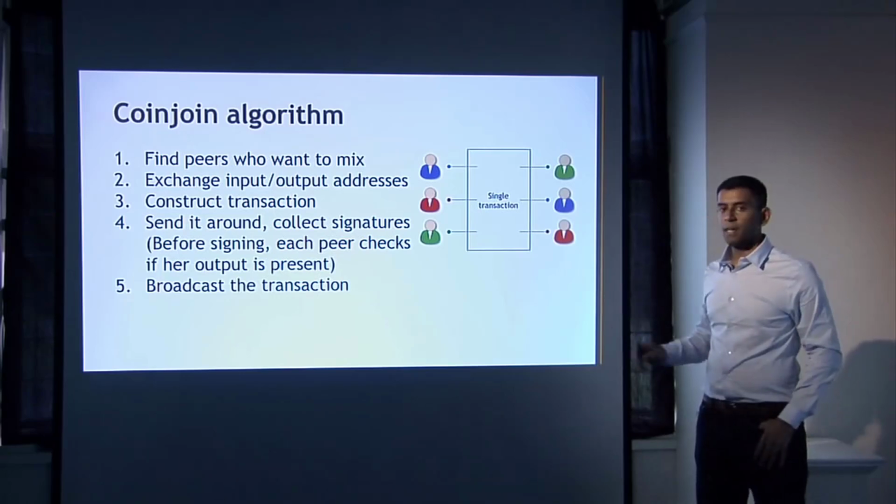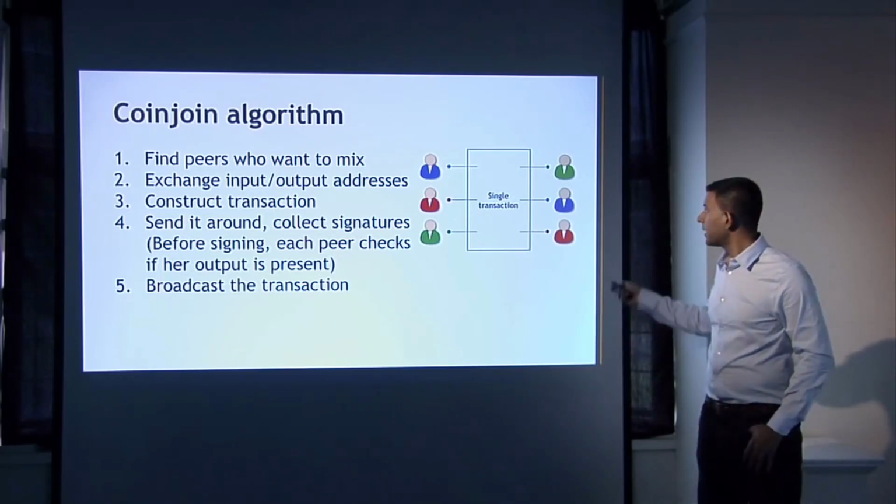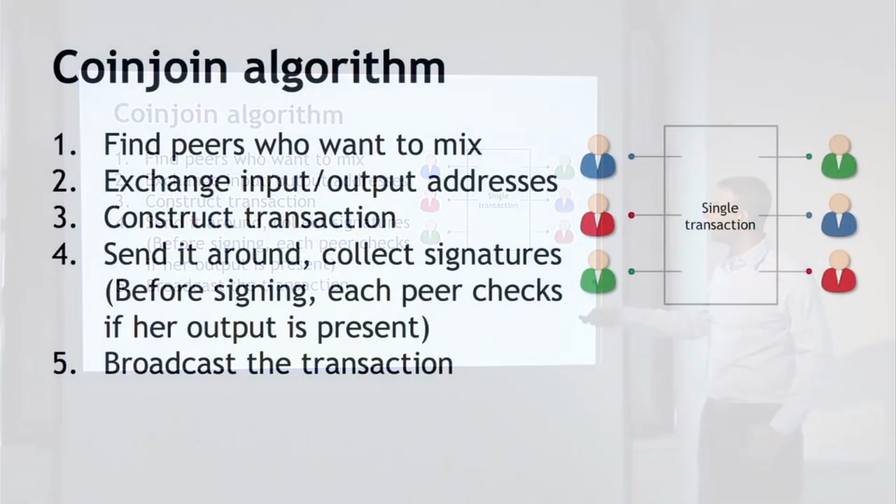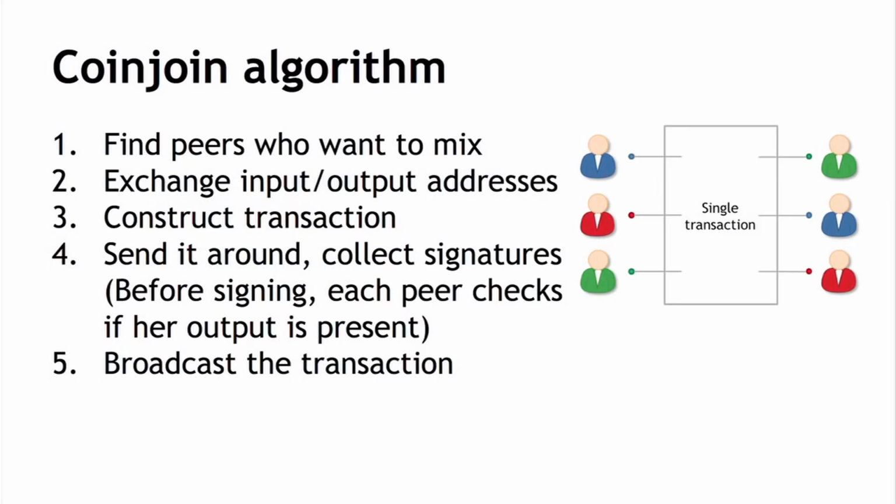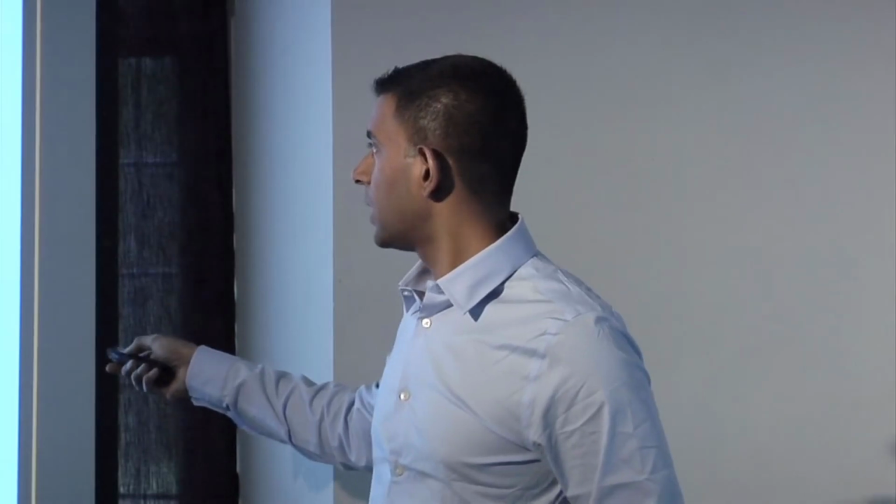But if everything's okay, everybody acts honestly, then the transaction is constructed, and now any peer, again, doesn't matter who, can broadcast the transaction to the network. Two of them could do it independently, it doesn't matter. The transaction will, of course, be counted only once. So that's it, that's the whole protocol. The entire security property comes from each peer checking that their output address is represented, and that their output, of course, receives at least as much value as went in from their input.